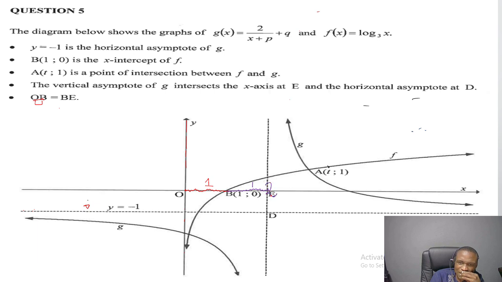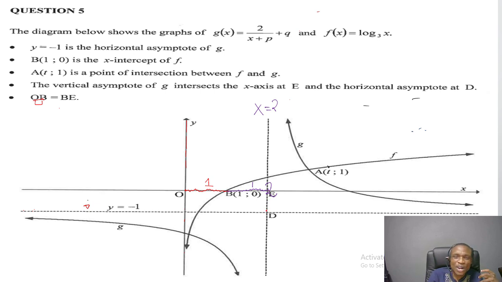Now I know the vertical asymptote, x equals 2, because the vertical asymptote passes through E, which is 2 units from O. That is why he was telling us OB equals BE. He wanted us to know that at E, the x value is 2.